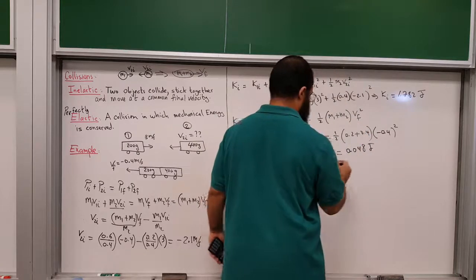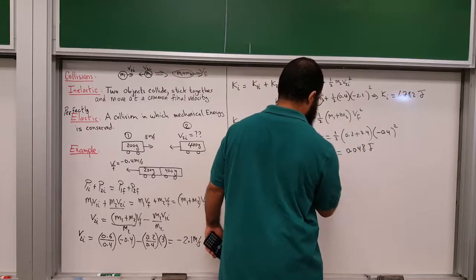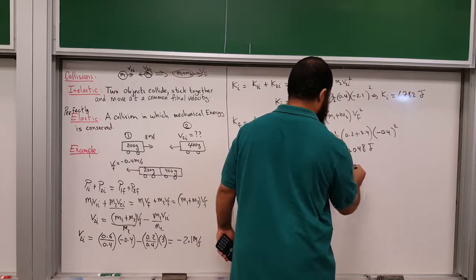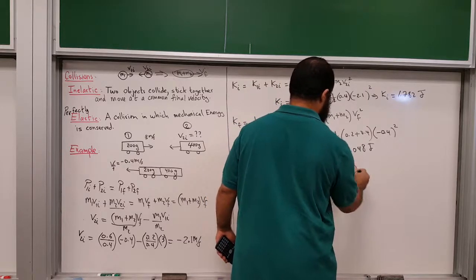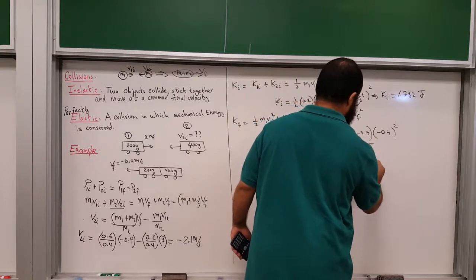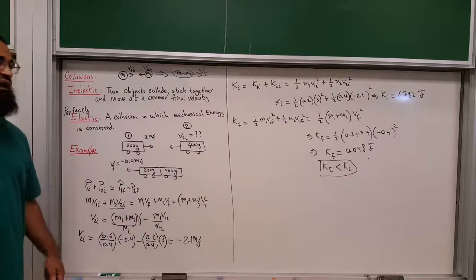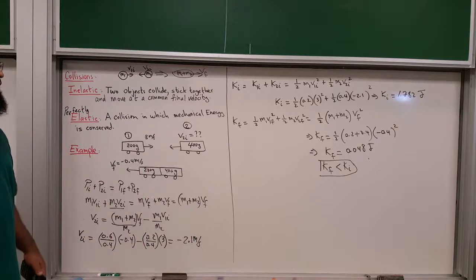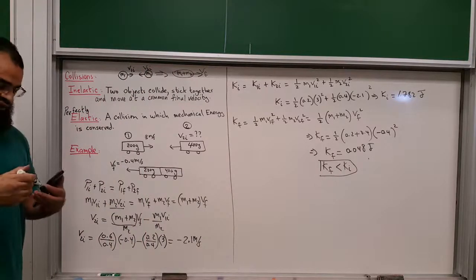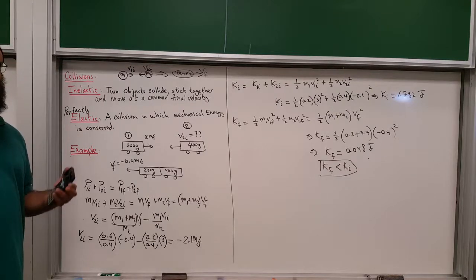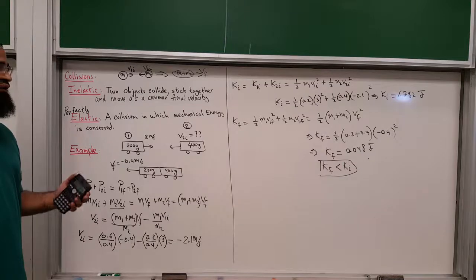So notice that the kinetic energy at the end is less than the kinetic energy at the beginning. So the kinetic energy, or mechanical energy, is not conserved in an inelastic collision. Momentum, however, is. Notice the criterion for conservation of momentum is that the net external force on a system is equal to 0.